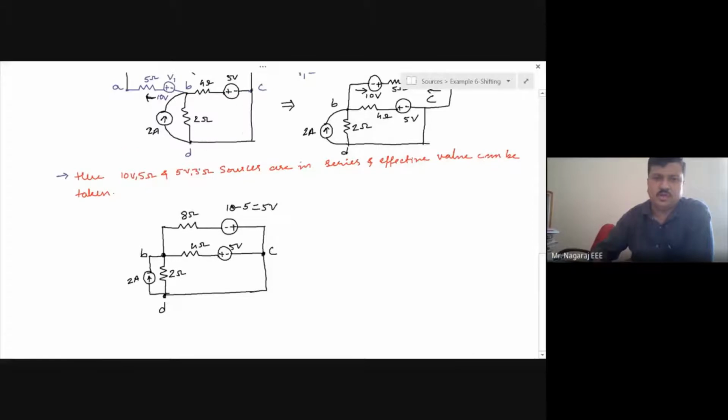Node D is directly connected to node C. So this circuit I will redraw. Two ohm in parallel with 2 amps.